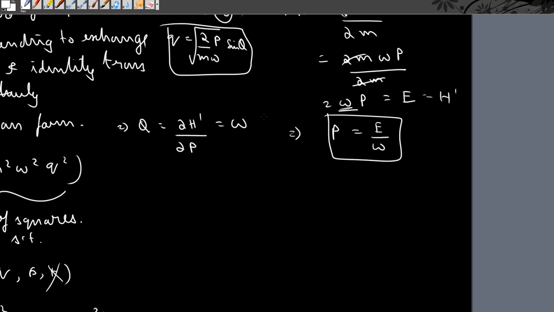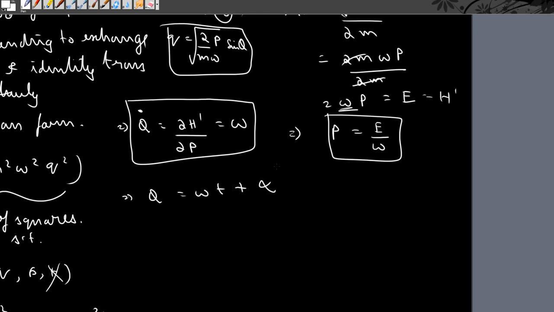So the Hamilton's equation says Q dot is equal to omega, which implies our Q will be equal to omega t plus some integration constant alpha, and this can be determined using initial conditions.